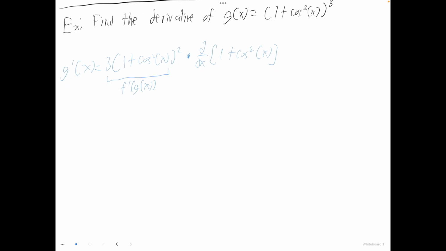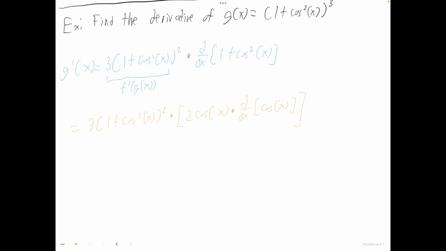Okay, and so from here we need to compute that second derivative. So we're going to have 3 times 1 plus cosine squared of x all squared times, now we need the derivative of 1 plus cosine squared of x. Well, cosine squared is a composition with square on the outside, so we're going to have 2 cosine of x times the derivative of cosine.